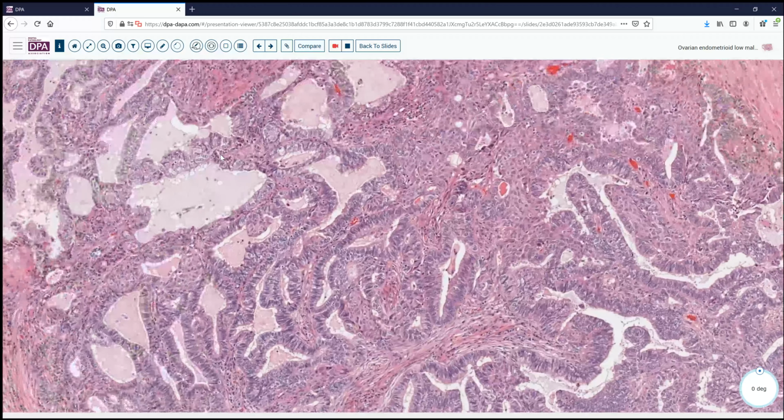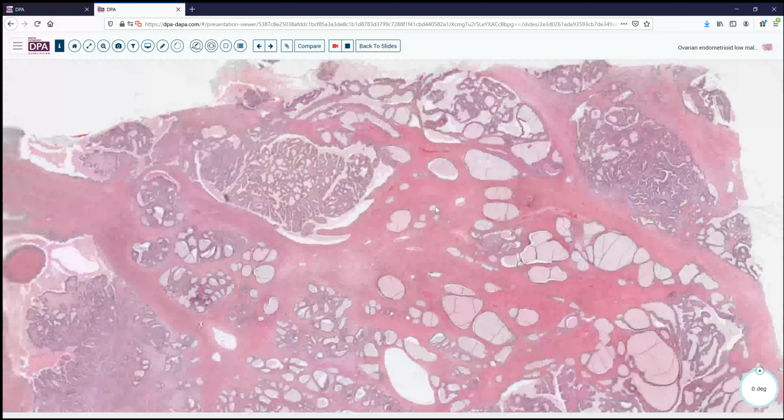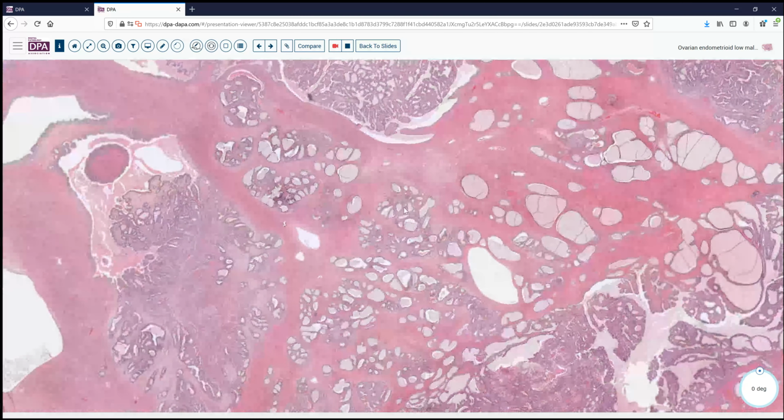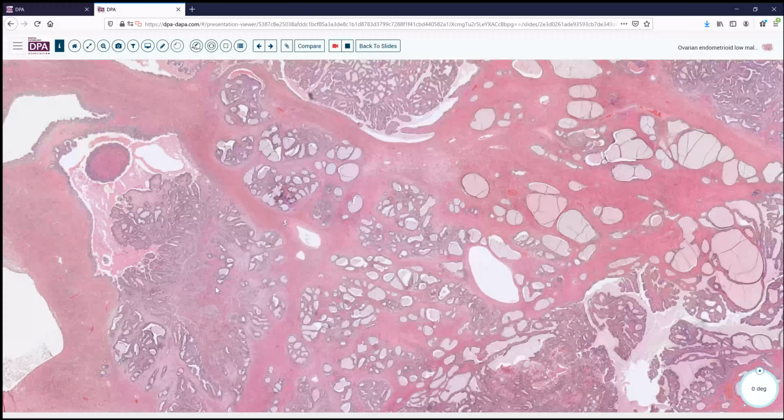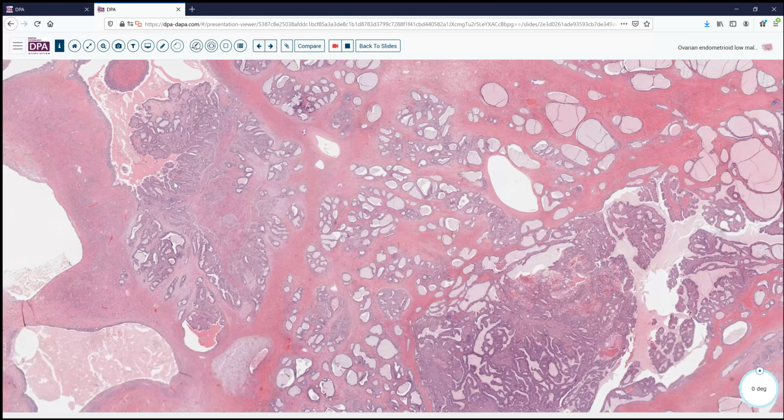Here we can again see more of the squamous metaplasia in this lesion. So these are nice examples of borderline endometrioid adenofibromatous type lesions with areas of clearly benign functionality and areas where we're getting more proliferative and atypical changes compatible with that borderline designation.